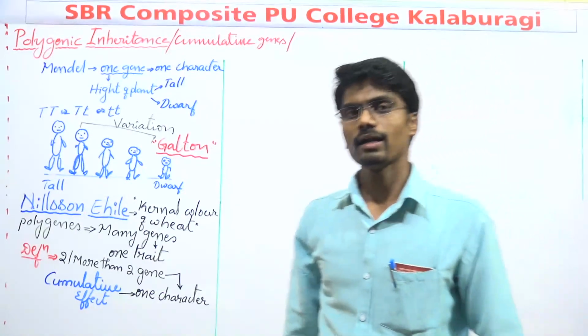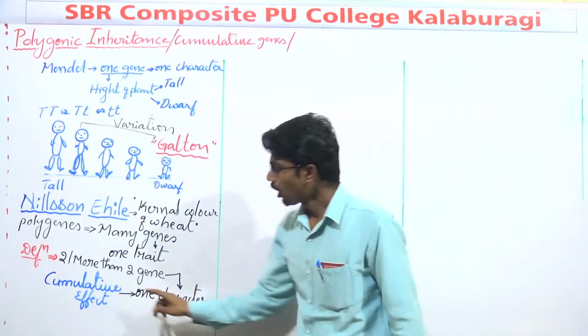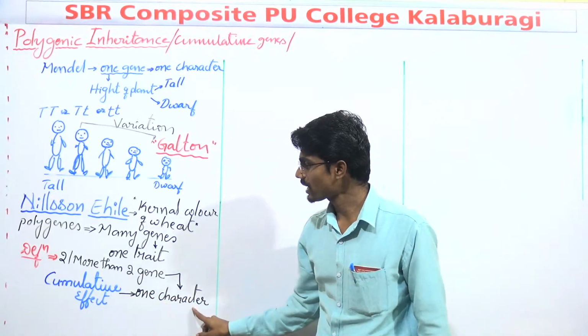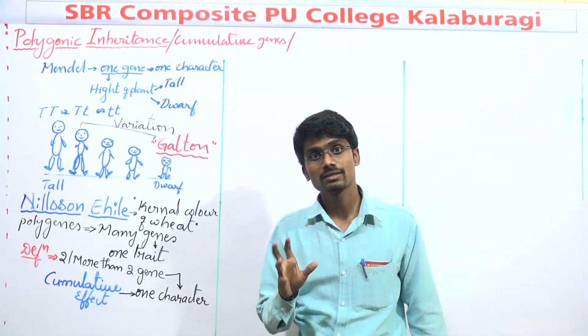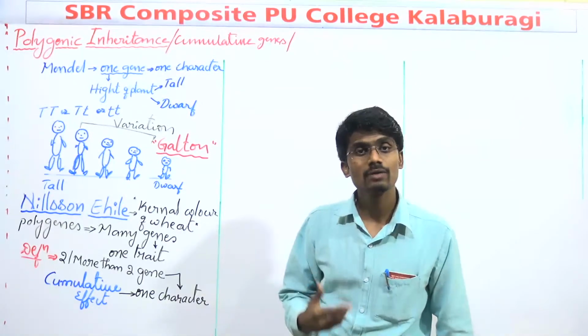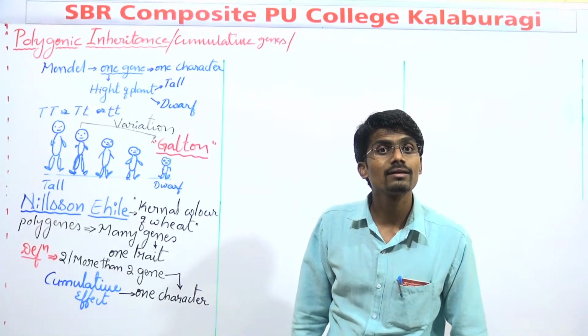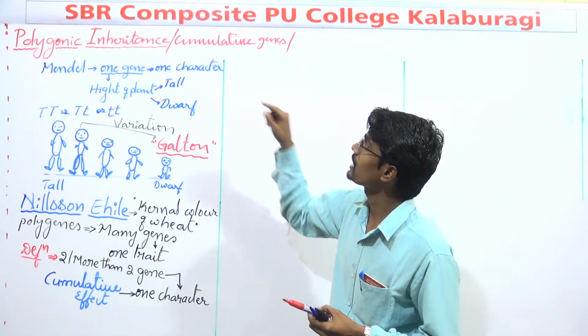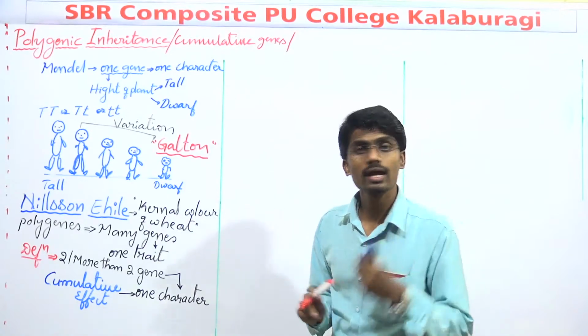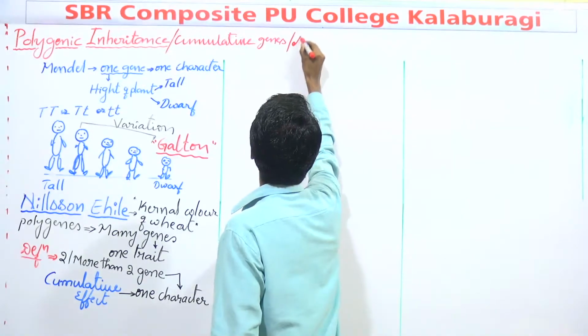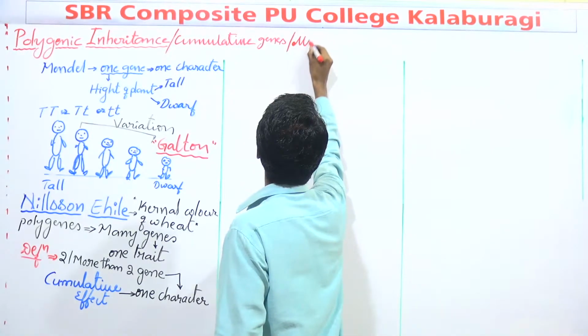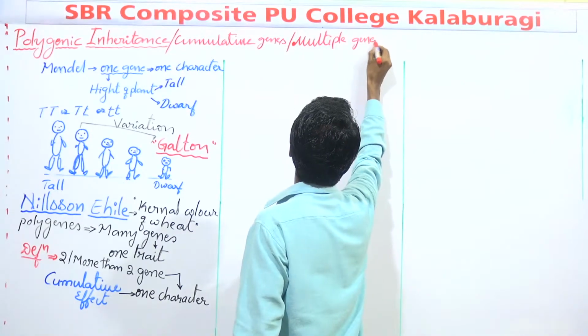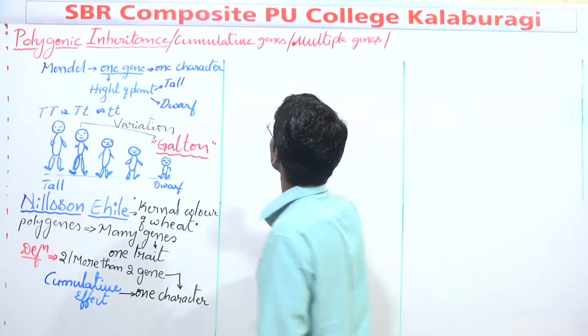Got it? Another thing: how many genes are controlling one character here? Many genes. For many, in biology you use multiple. Many genes means multiple. That's why polygenic inheritance is also known as multiple genes.